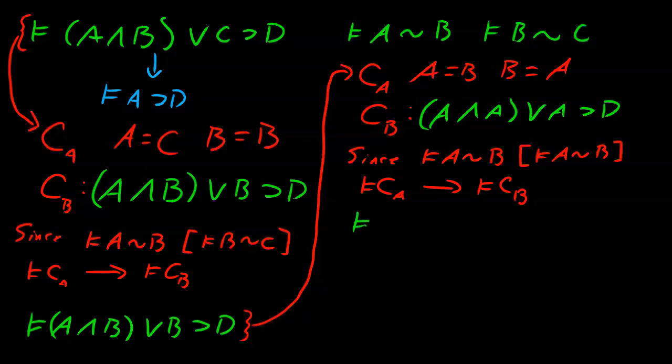Therefore, we know that A and A or A implies D is valid. And since A and A or A is the same as A, we're done.